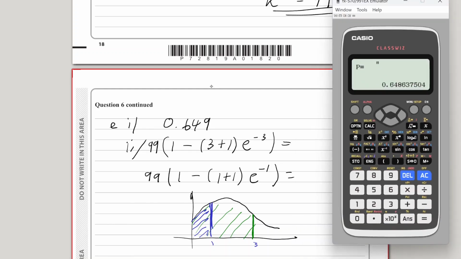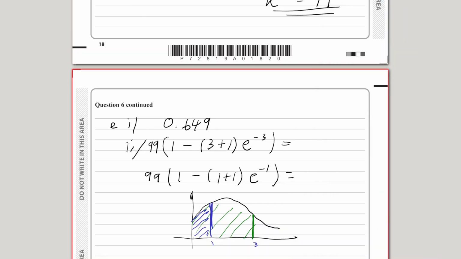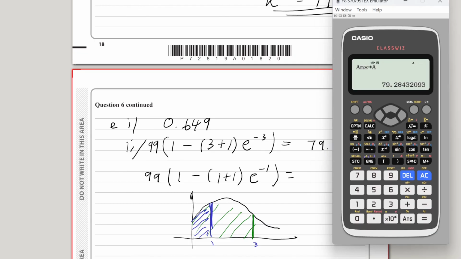So let's work them out. So 99 times 1 minus 4 e to the power of negative 3, 79.3. Store it as A. And then same, but with negative 1.